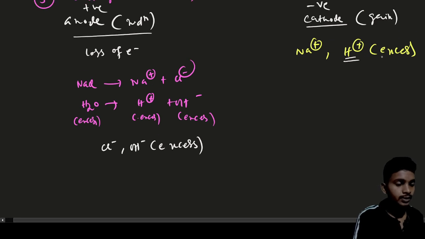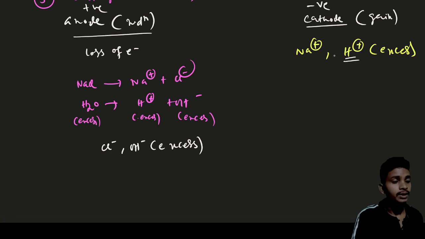So here, Na plus and H plus, H plus is in excess, and since H plus is directly proportional to E cell, H plus will discharge, not Na plus. It may also be seen in the electrochemical series. H plus is dominant, so it is favored by both the SRP series and the excess, so E cell is also high.